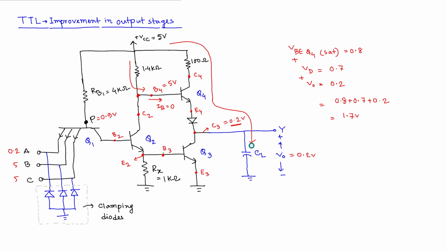So the capacitor will get charged up, the C3 value will increase, as a result B4 should also increase, but that will reduce the base current going through that. So if base current reduces, collector current will reduce as well, right? And from saturation to active to cutoff, in this way this transistor will move through different modes and finally go to cutoff mode.